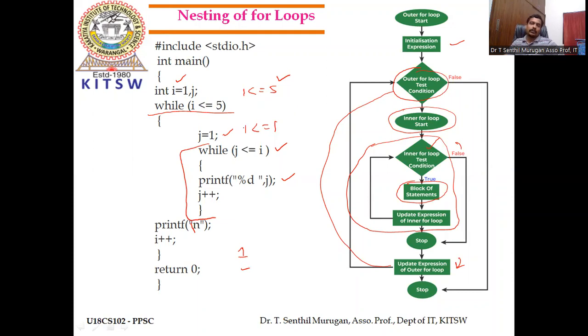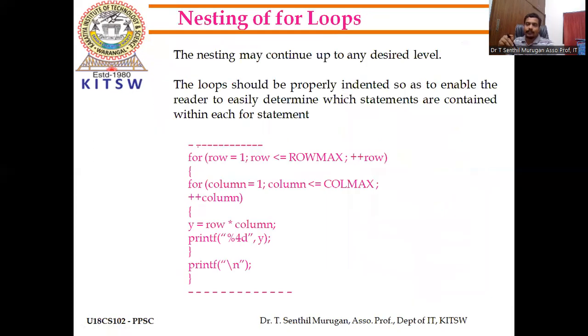Now the i value is 2. Again the j value is initialized with 1. This condition fails, so the inner loop will be executed completely. Then the outer loop increment operator will work. This is the concept of inner loop or nested loop.